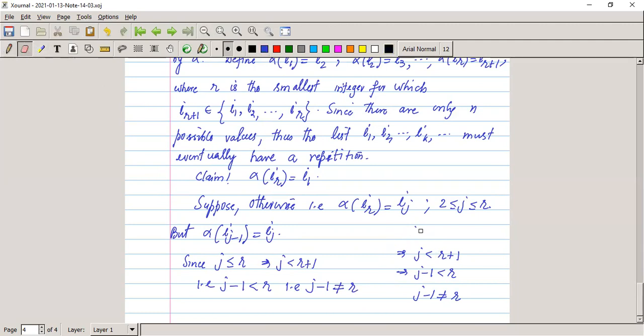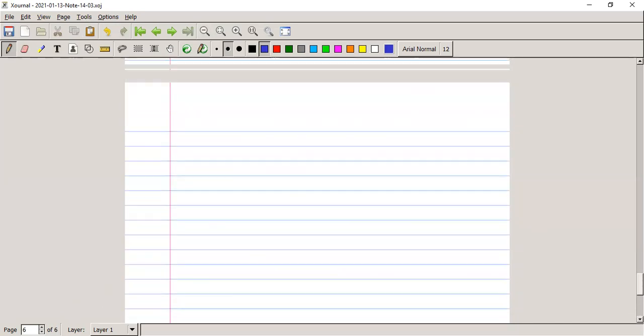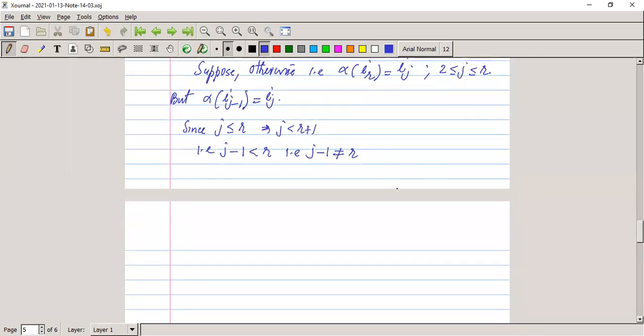So this not equal to r actually means that the two points IR and IJ minus 1 are not equal. Thus we have a contradiction.